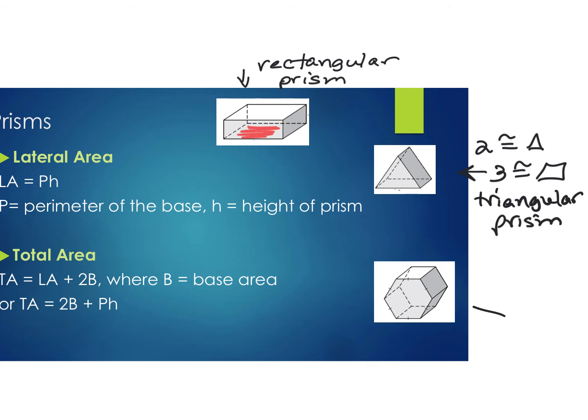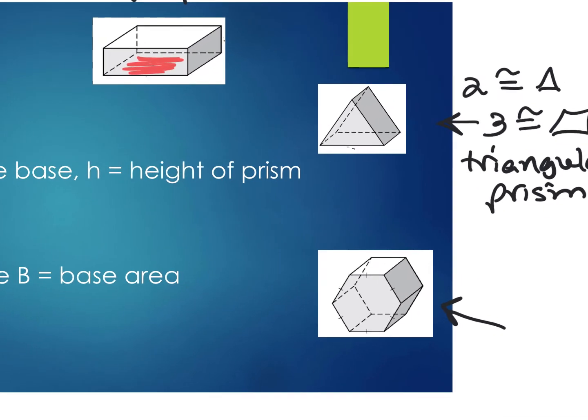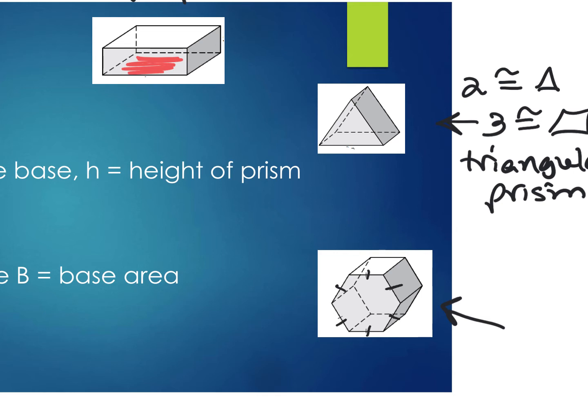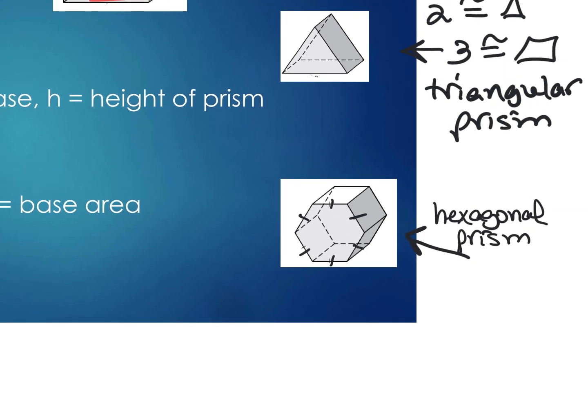And then this shape right here, notice all the congruency marks, making this a regular hexagonal prism. So if you're given pictures of prisms or pyramids where it's a polygon base, then we're going to go back to that lesson where we learned the formula for area of a polygon.